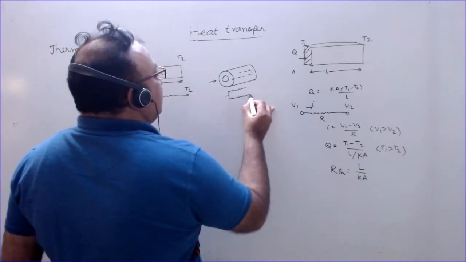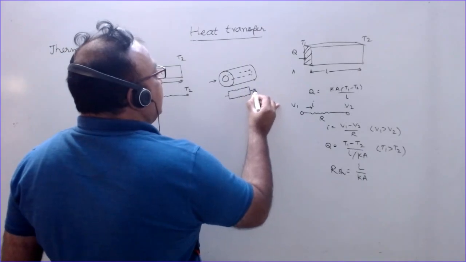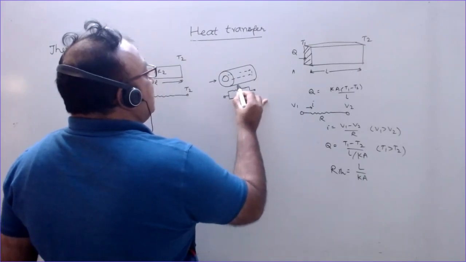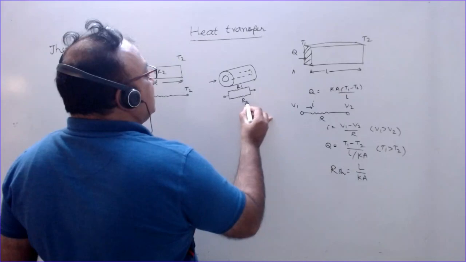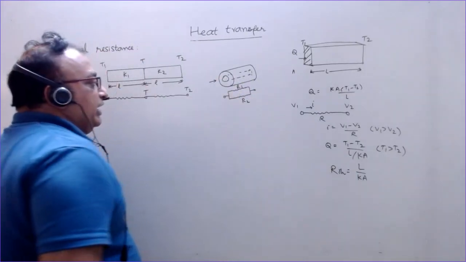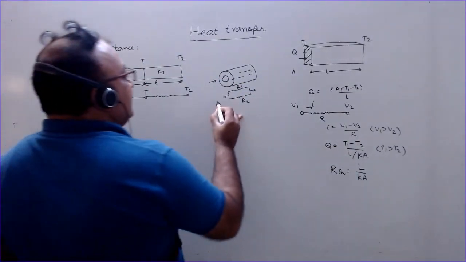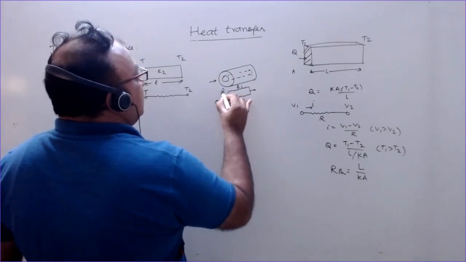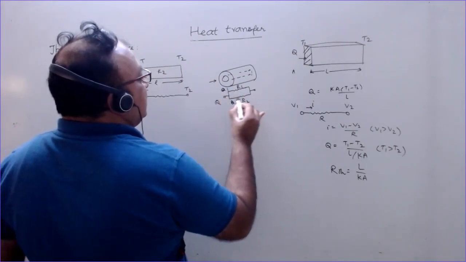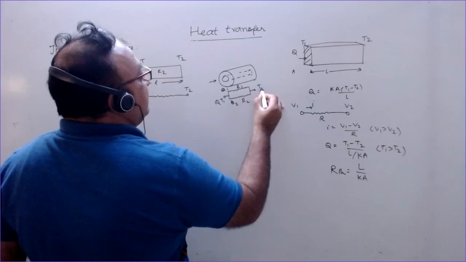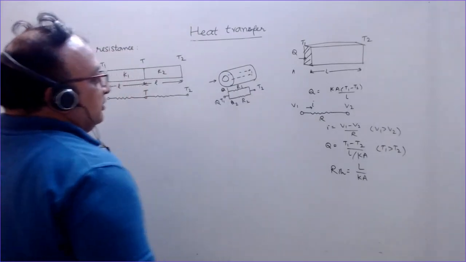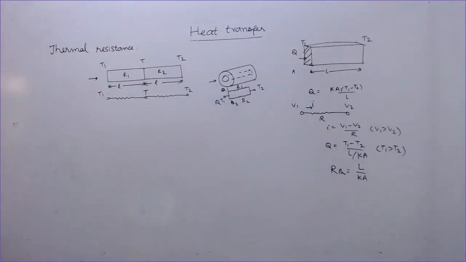One is flowing through the outer, the other through the inner. So this is the thermal resistance of the outer body, and the thermal resistance of the inner body, because the heat is divided, total heat into Q1 and Q2. So they are connected in parallel. T1, T2 are the temperatures. So this is how we define the bodies connected in series and bodies connected in parallel.